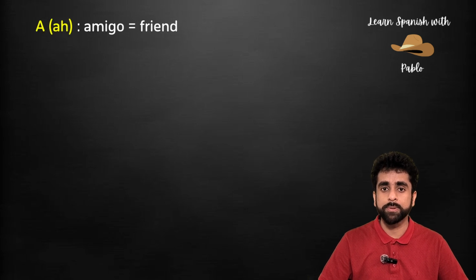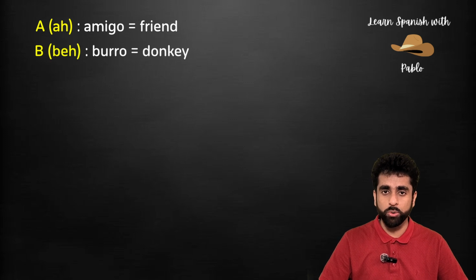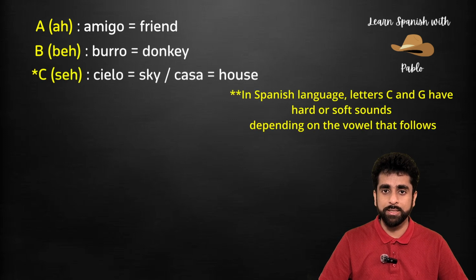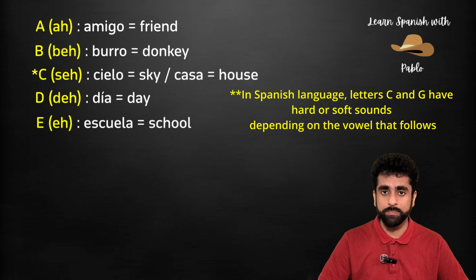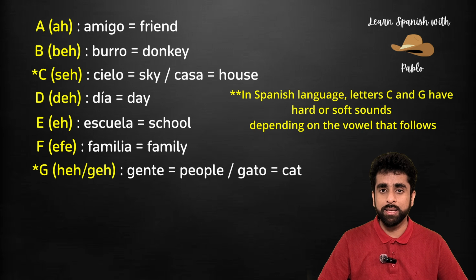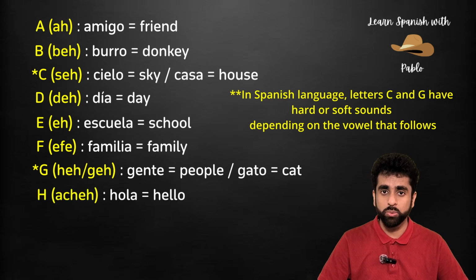A, amigo. B, burro. C, cielo, casa. D, día. E, escuela. F, familia. G, gente, gato. H, hola.